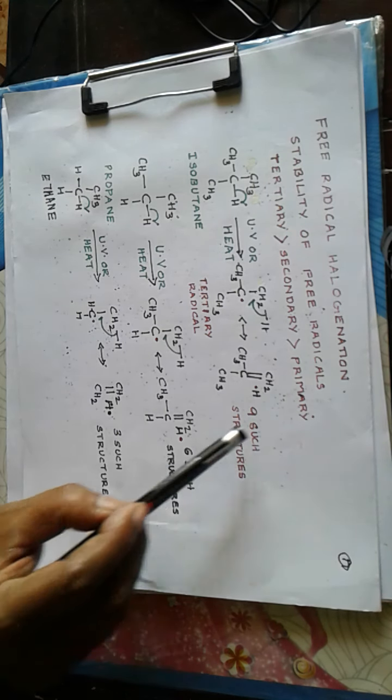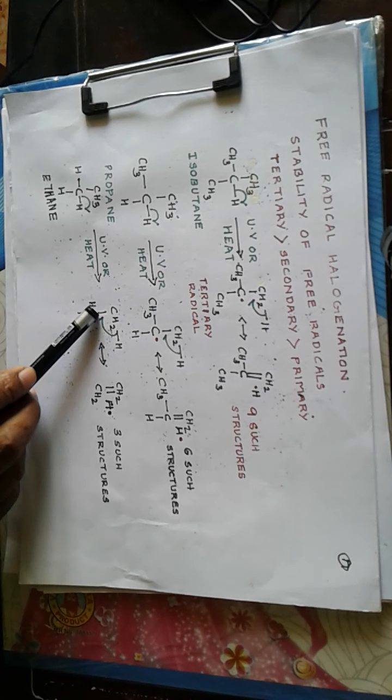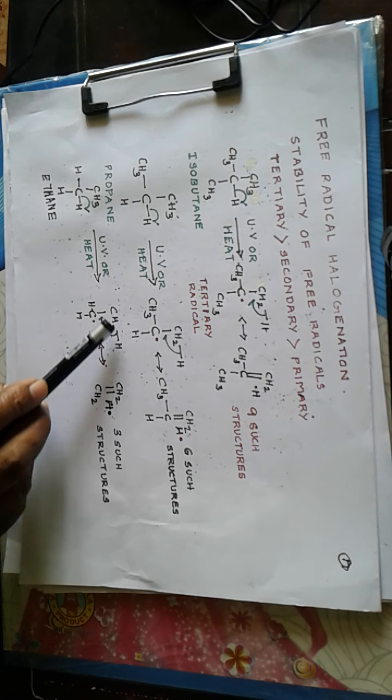When we come to ethane, UV light can produce the ethyl radical. Now ethyl radical is stabilized only by 3 canonical structures, because on the adjacent carbon there are only 3 C-H bonds.